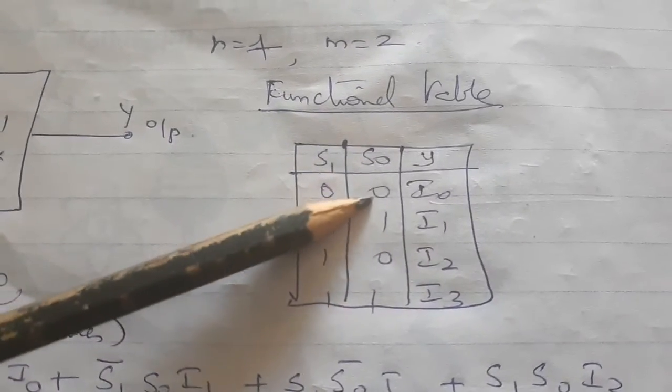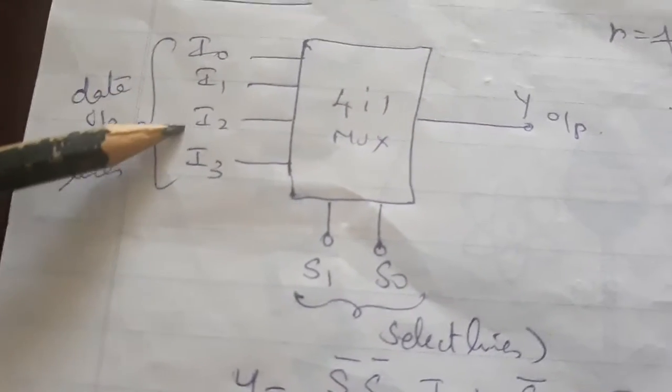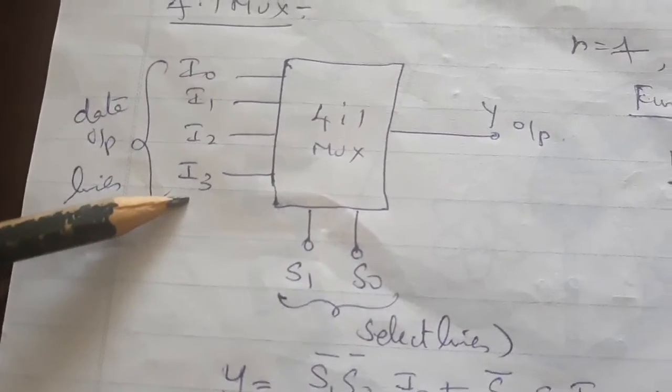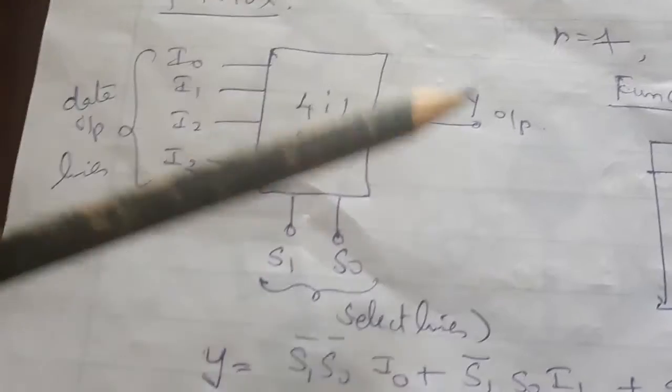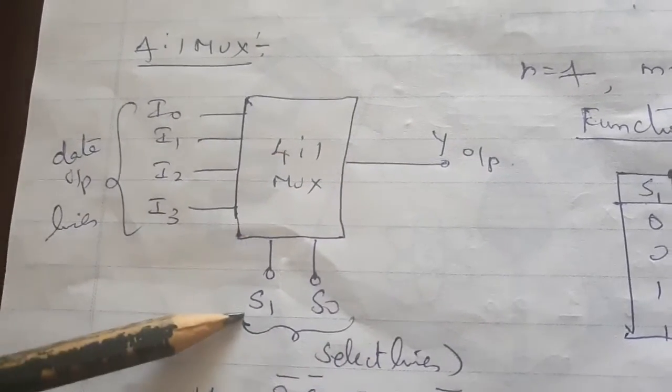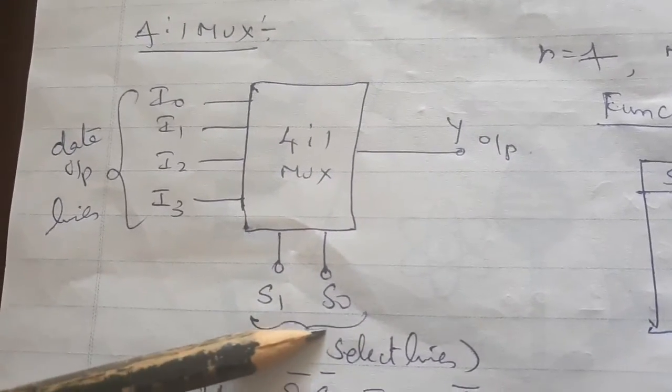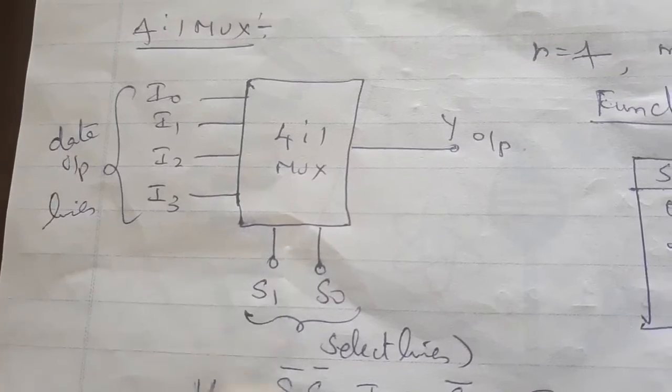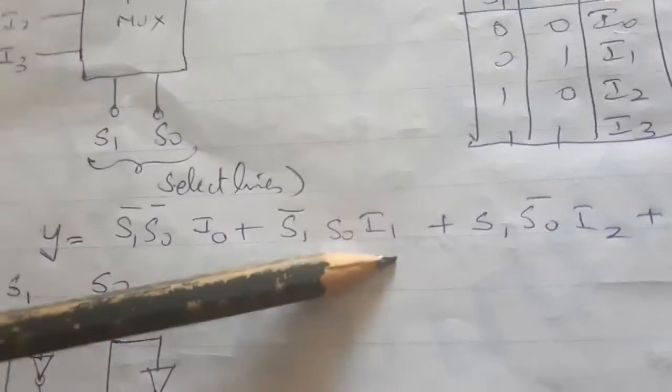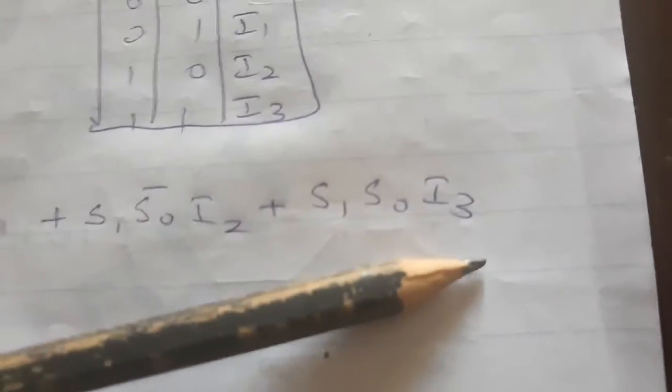If it is 0 0, I0 will be selected. 0 1, I1 will be selected. 1 0, I2. 1 1, I3 will be selected. So write down the output: for the 0 0 condition, I0; 0 1, I1; 1 0, I2; 1 1, I3.